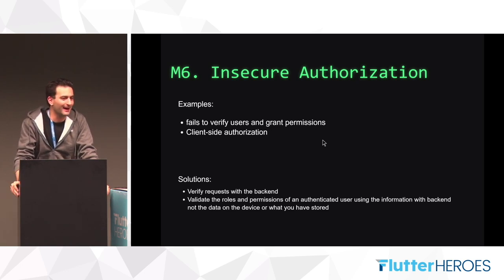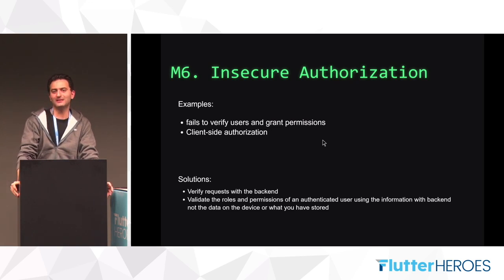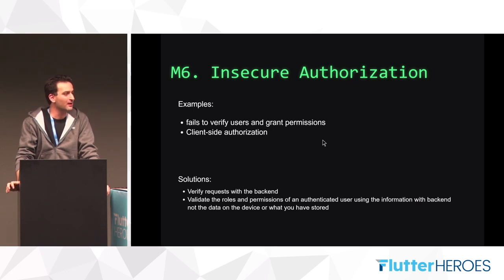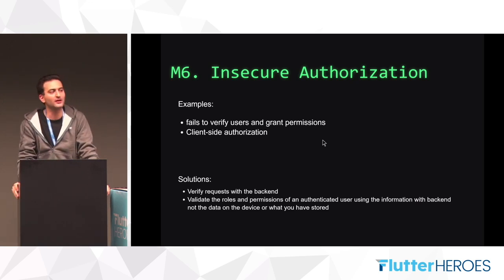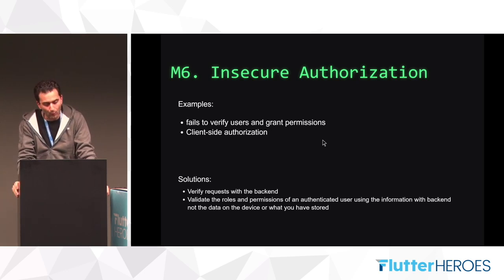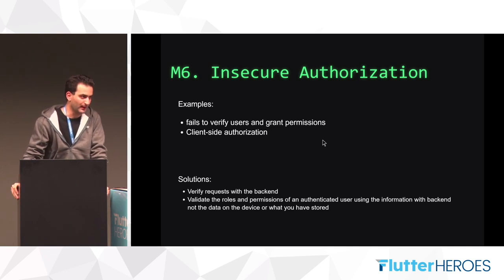Or maybe backend requests are going to be automatically handled and we get an error, but that's not always the case. So you should not assume that a person has access to something because of local data that you stored on a client, and then give that access to that person. A good way of doing that is always communicating with a trusted server or trusted source, which is probably your backend.